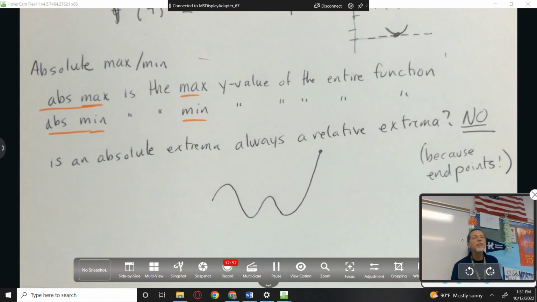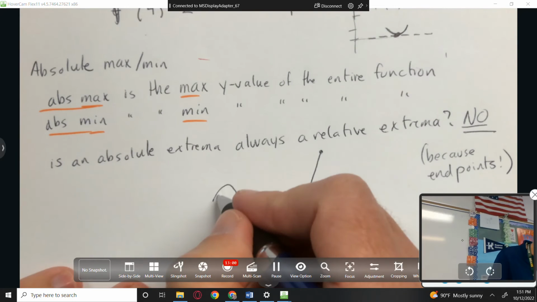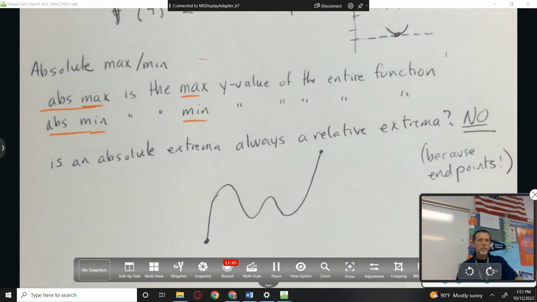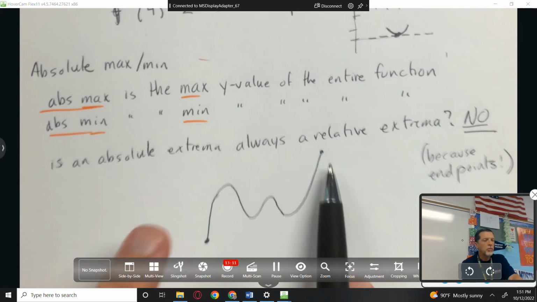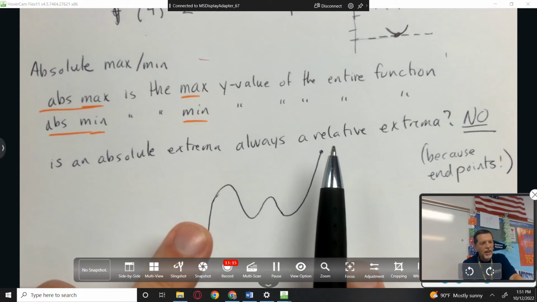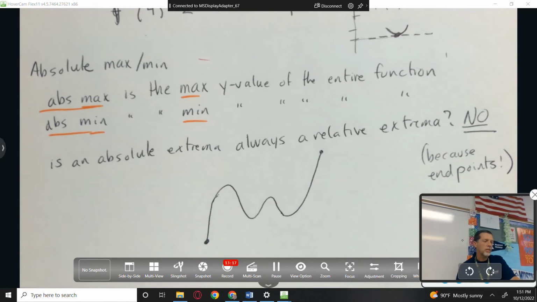So if it weren't for endpoints, it would be yes. But because the endpoints can throw us off, we have to be careful with endpoints. And I guess to make an example of a minimum. So that graph has lots of relative maximums and minimums, but its absolute max and min are not relative max and min because they are happening at the endpoints.